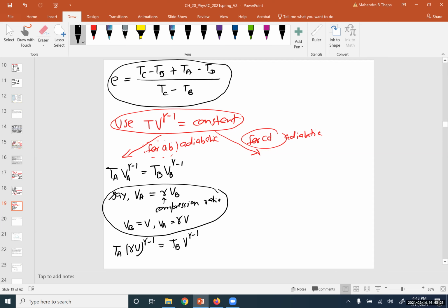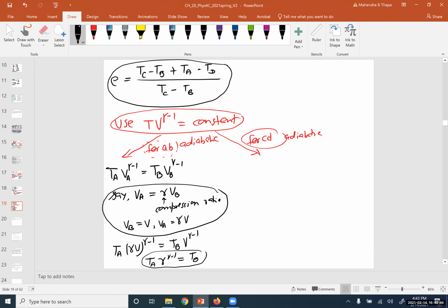So I can further simplify as TA R to the gamma minus 1 must equal TB. So I got this result.